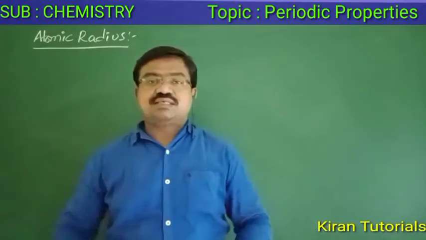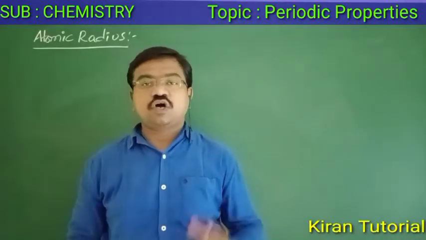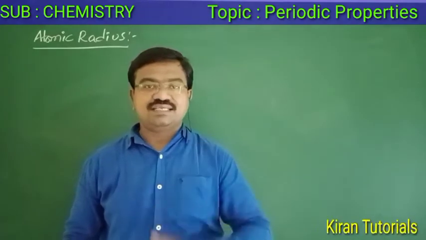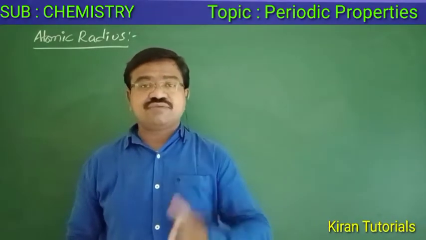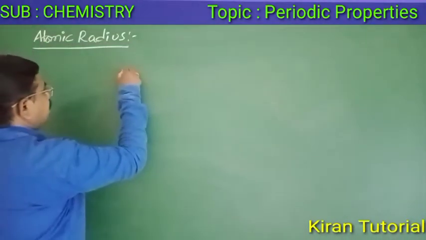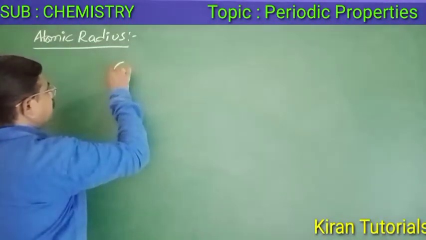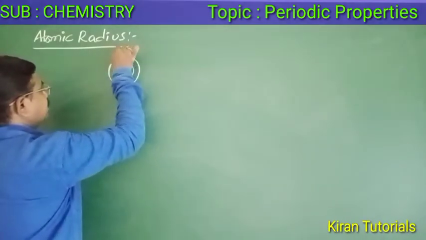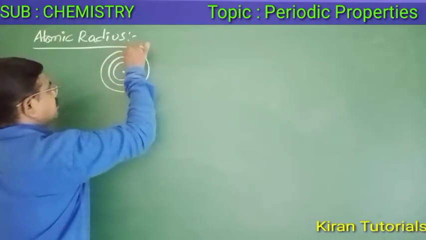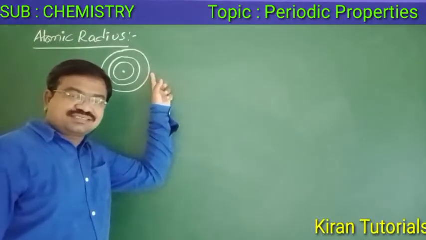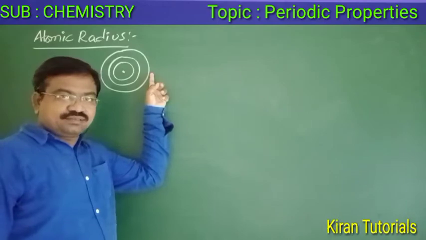The first periodic property, atomic radius. So what is atomic radius? What is the definition of atomic radius? See, we know that in an atom, the nucleus and orbits are present. This last orbit is called the outermost orbit. Clear?